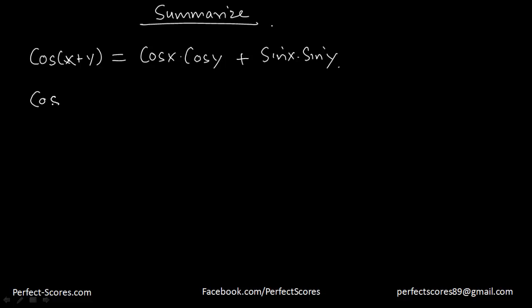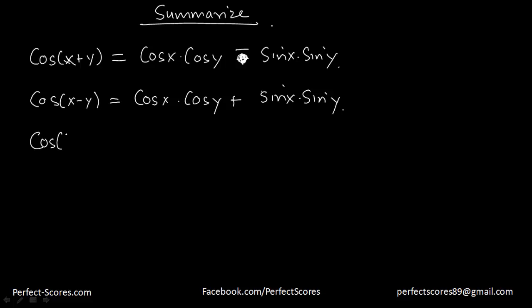The second important result was cosine of x minus y, which is equal to cosine of x into cosine of y plus, this is a minus here, you've got to be careful with that, so cosine of x into cosine of y minus sine of x into sine of y, right? And the third important result was the value of cos of 90 minus x, which came out to be equal to sine x.